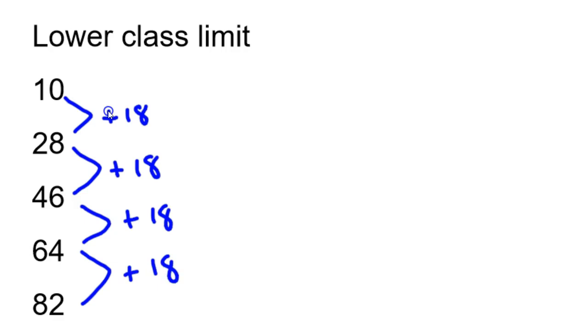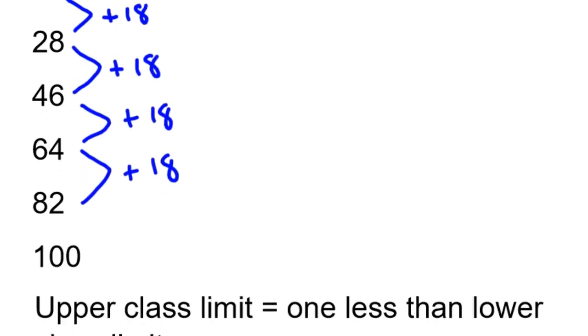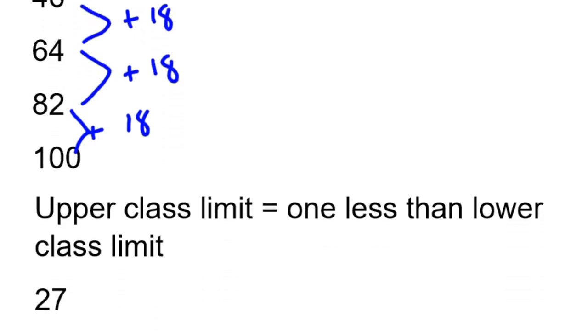And there's our 5, but I'm going to go one more so that I get all of the values. So you go plus 18. Now we won't use this 100 on the lower limit side, but we need that 100 for the upper limit side. So I always go one past so that we can set our upper limits.